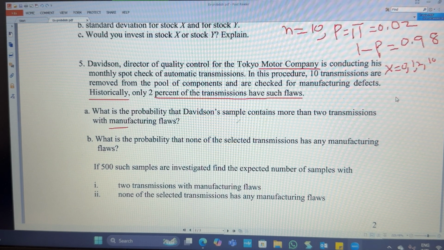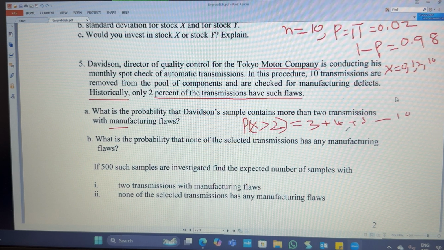You are supposed to find the probability that the Davidson sample contains more than 2 transmissions with flaws. So you have to find x more than 2. More than 2 means 3 plus 4 plus 5 up to 10.